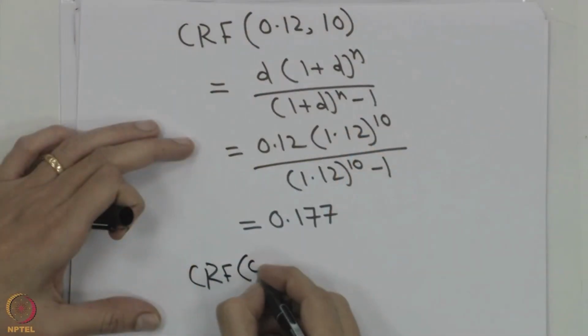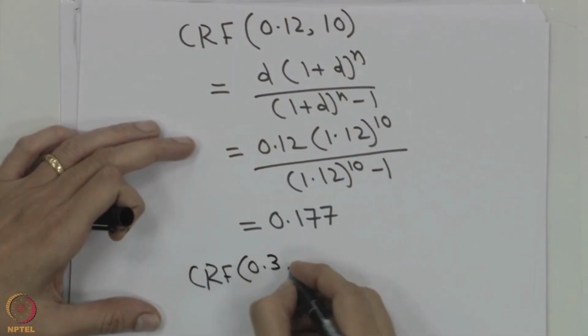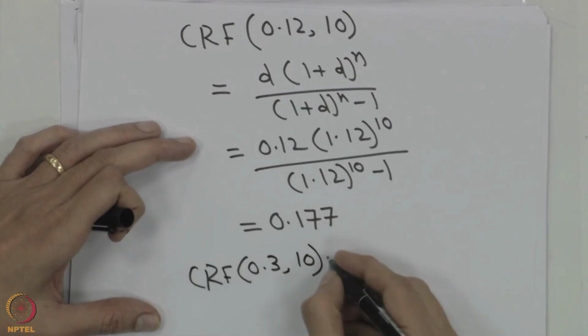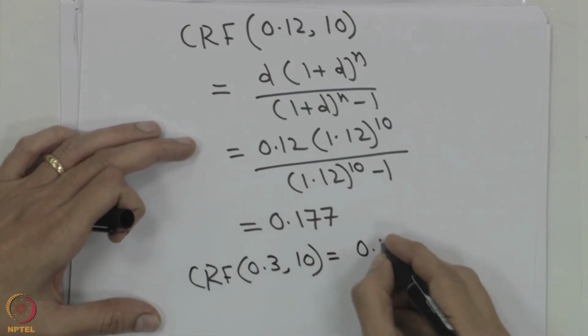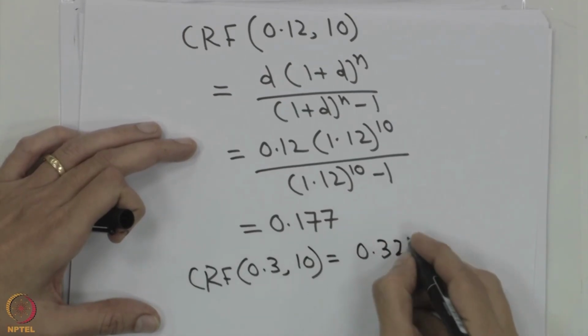You will find that the capital recovery factor increases, so that CRF(0.3, 10) comes out to be 0.323.